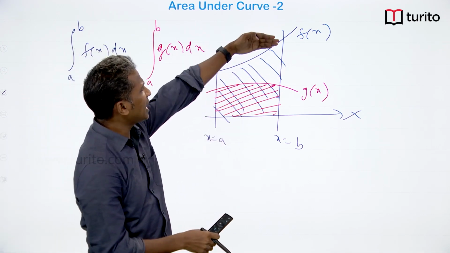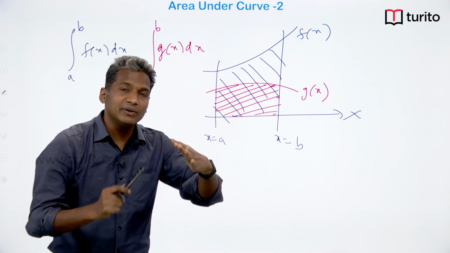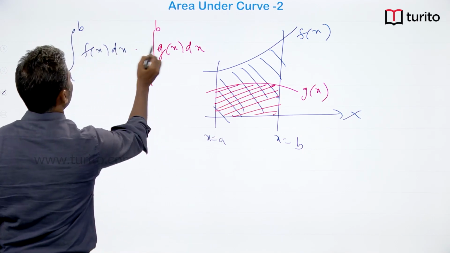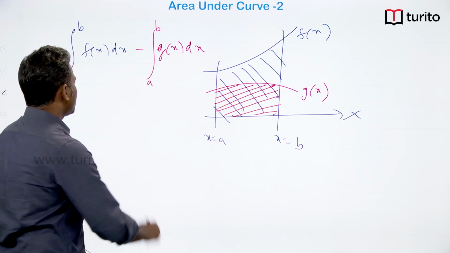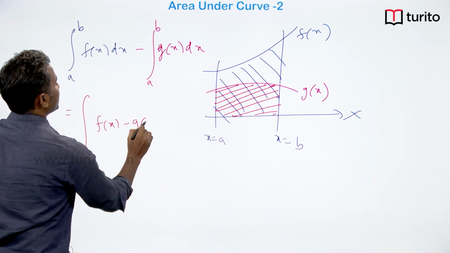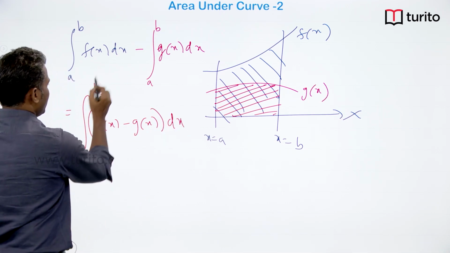Now, if I subtract the red area from the blue area, I will get the area between f of x and g of x. That means basically I am subtracting one integral from the other integral, which also means we can write this as integral of f of x minus g of x dx, integral going from a to b.